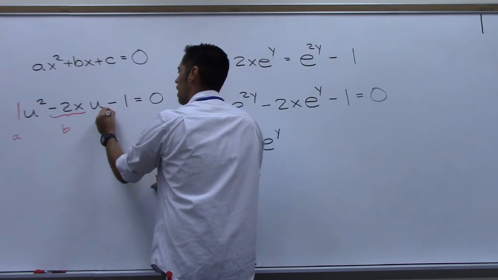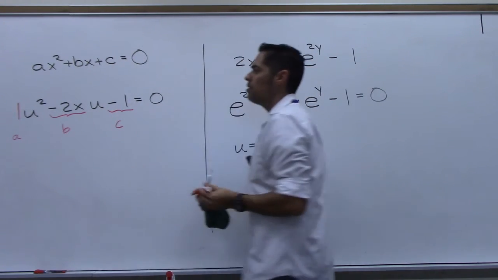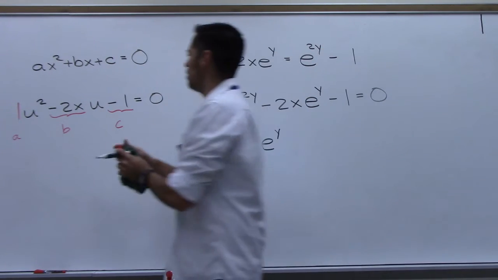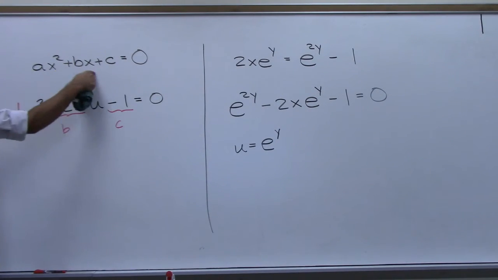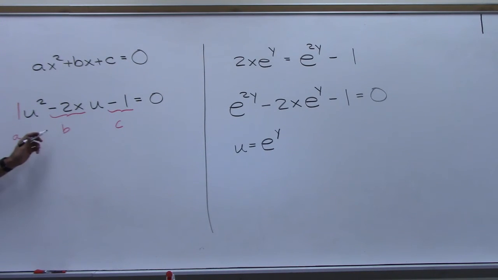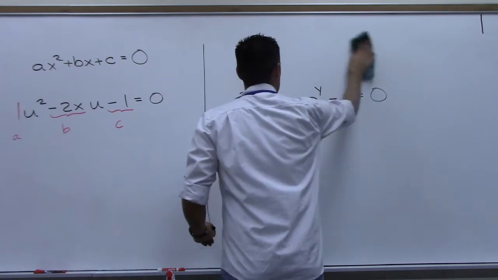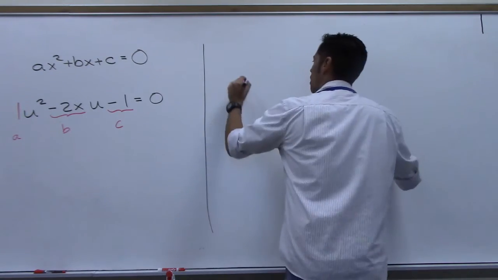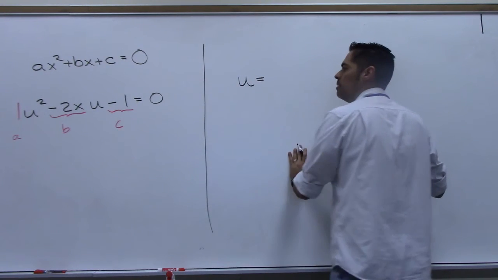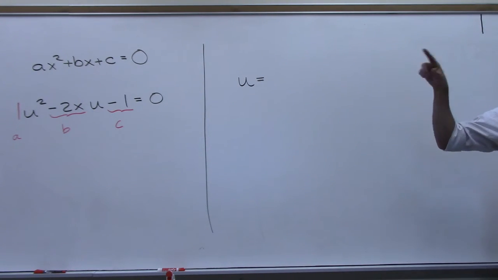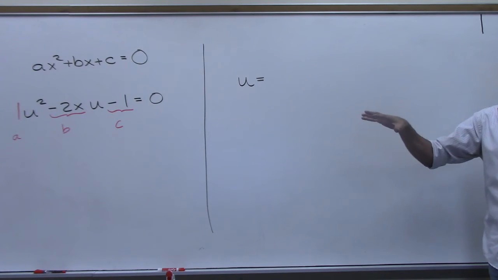And then this right here is your c, and you can apply the quadratic formula, can't you? But instead of using this formula with x's, it's u's, isn't it? So according to the quadratic formula, the solutions to that equation should be u equals negative b plus or minus the square root of b squared minus 4ac all over 2a, right?